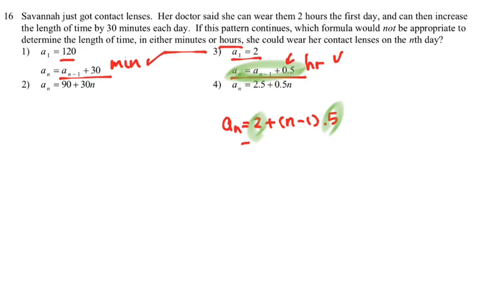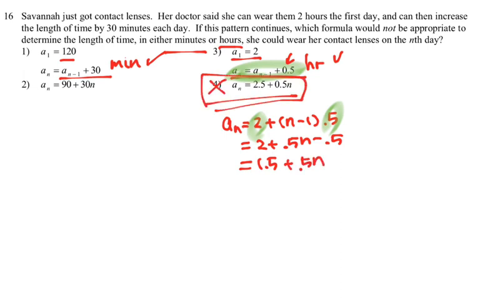So when you distribute 0.5 to both terms, we have 2 and then 0.5, and that's what we end up getting. When you combine them together, we get 1.5 plus 0.5n, which doesn't fit with choice 4. So therefore 4 will be our answer.